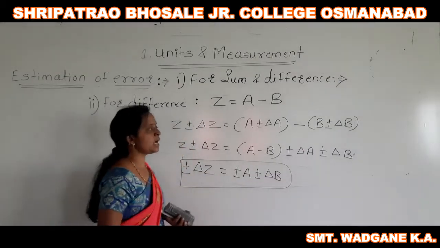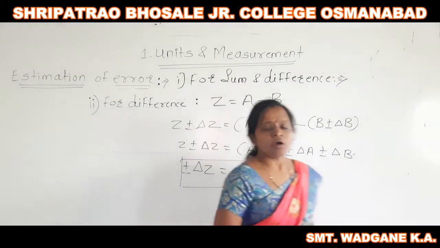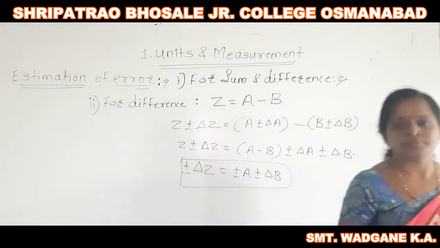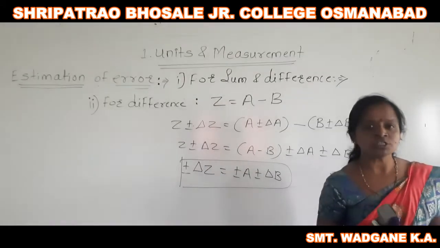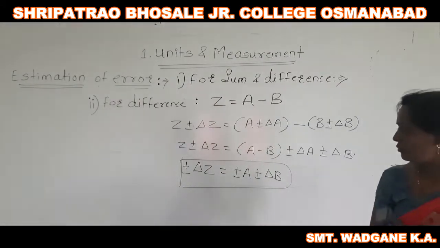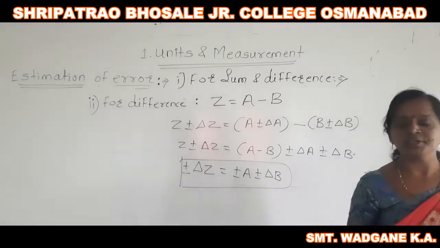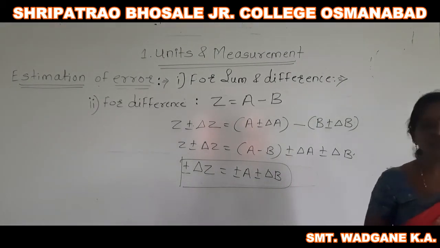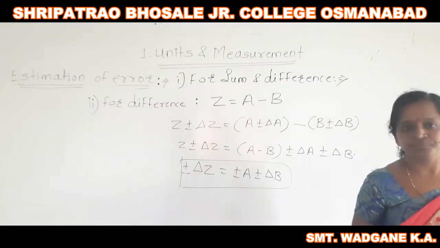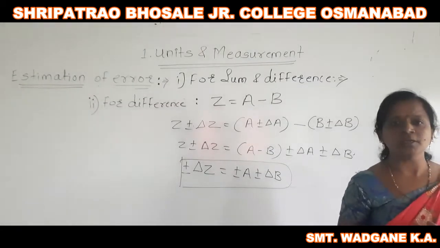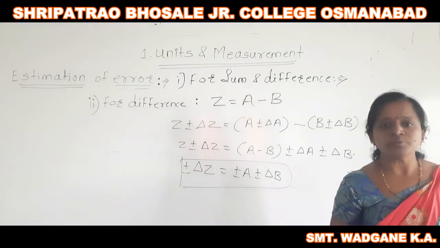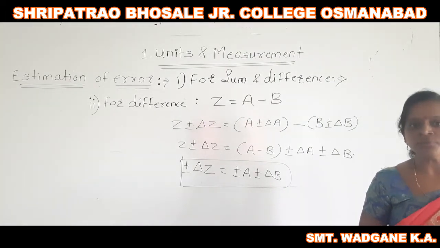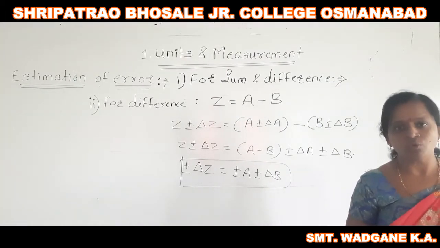Therefore, we can say that when two physical quantities are added or subtracted, then the final result which is obtained in the sum and difference method is in terms of the absolute error in their individual quantities.